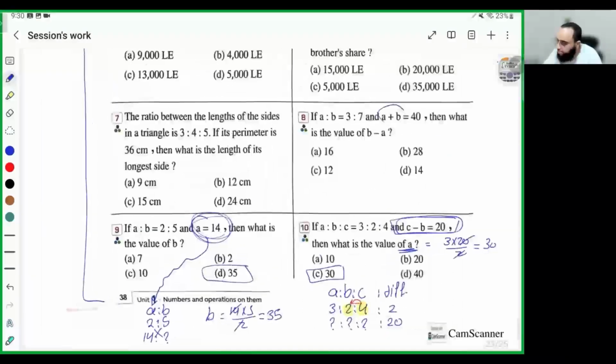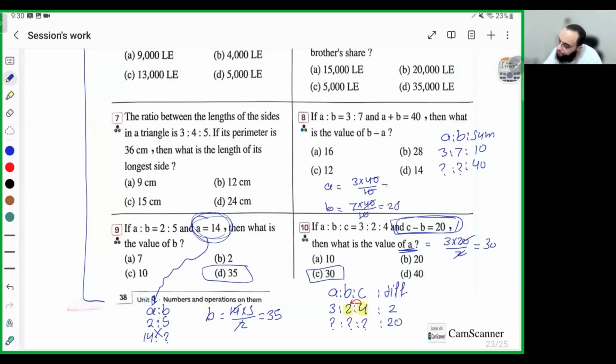He gives you A plus B, then A to B to sum. 3 to 7 to 10, which is the sum, and below 40. A equals, take care, A equals 3 times 40 over 10. B equals 7 times 40 over 10. This is 4 times 7, 28.